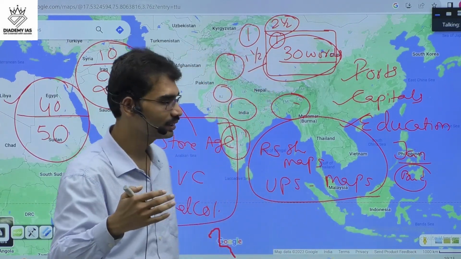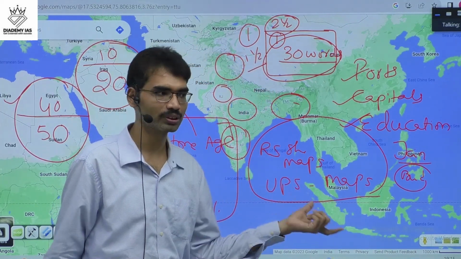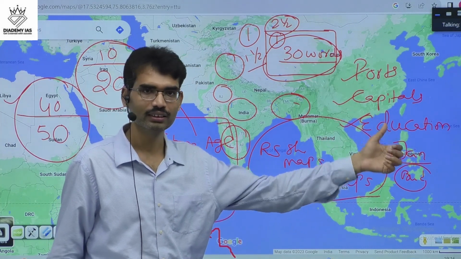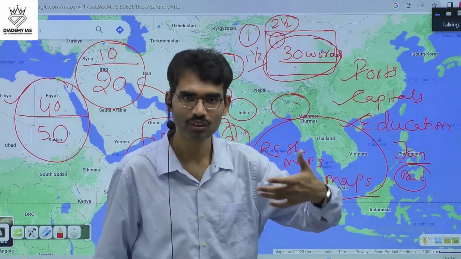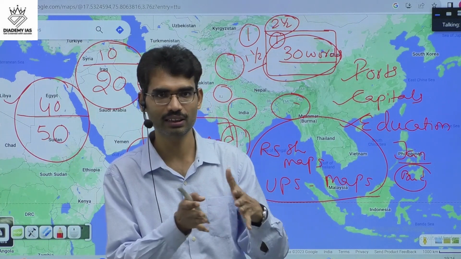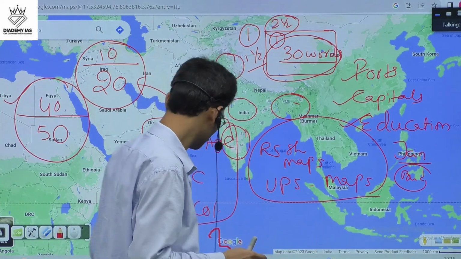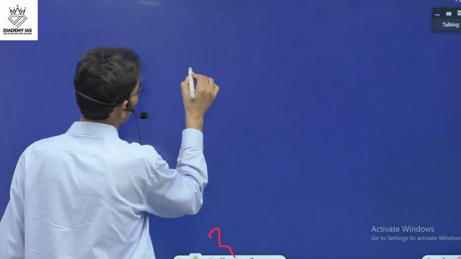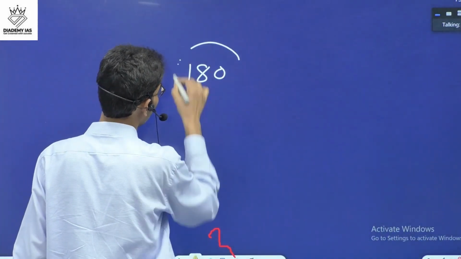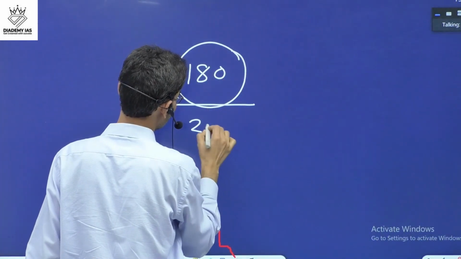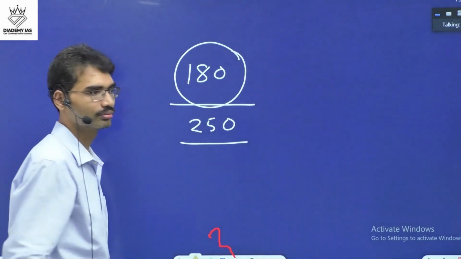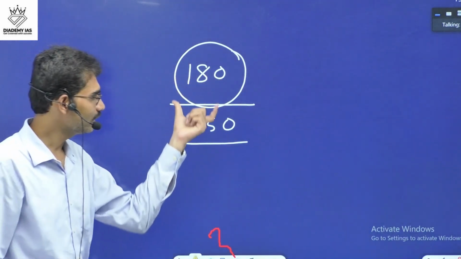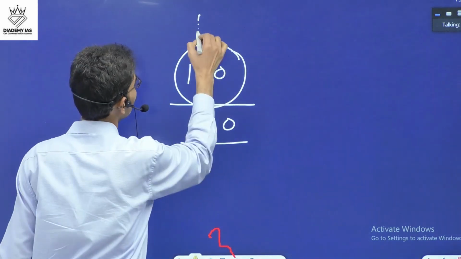nowadays, UPSC is giving more marks in history optional also. Up to 320, students are going. In fact, one student this year in paper 2 got a score of 180 out of 250. Can you imagine? 180 out of 250 in paper 2.